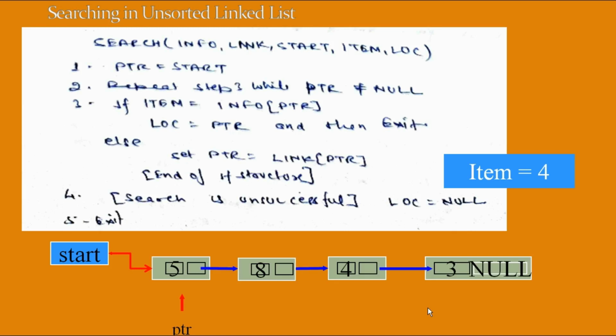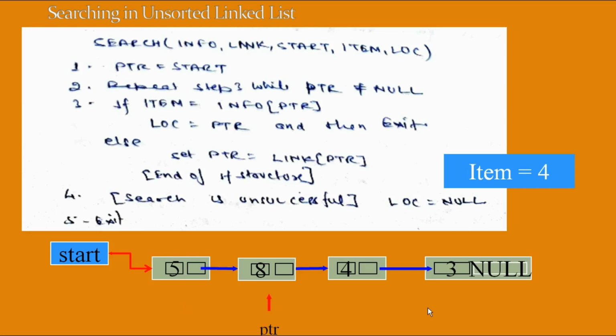Since PTR currently holds the address of the first node, it is not null, so it goes inside the while loop and compares the item with the info of PTR. The current item is 4 and the current info field contains 5, which is not matched. So this if condition is not satisfied, and it goes into the else part, that is PTR equals link of PTR. That means the pointer is moved to the next node.